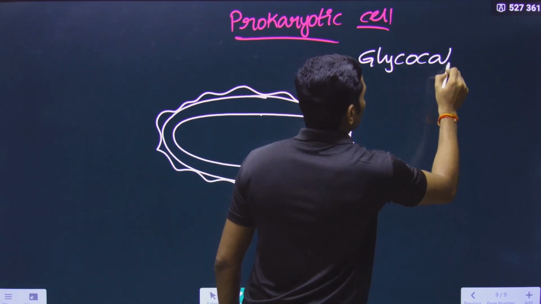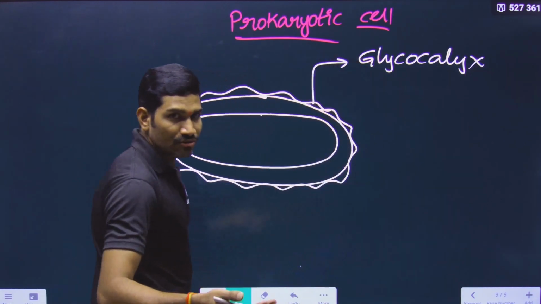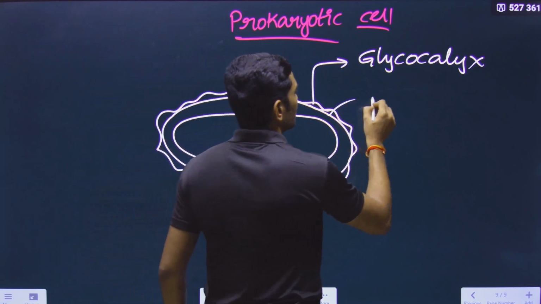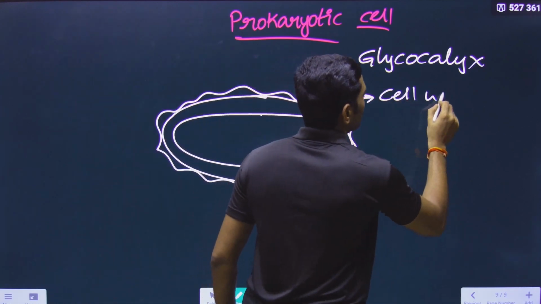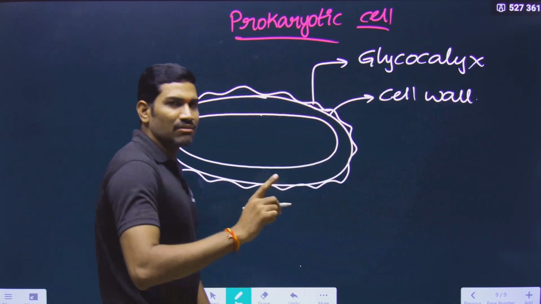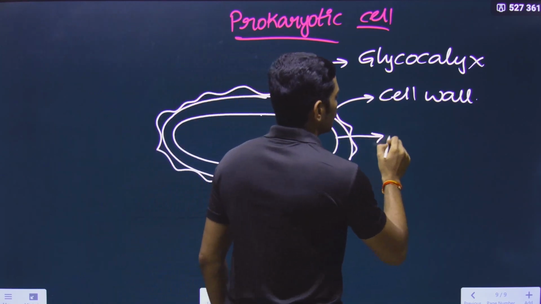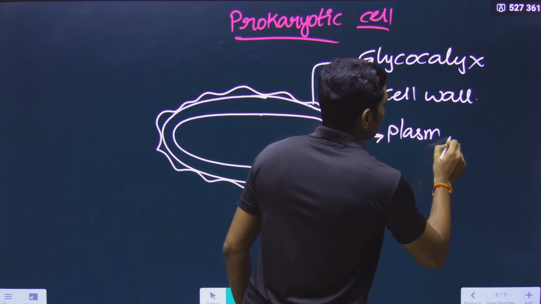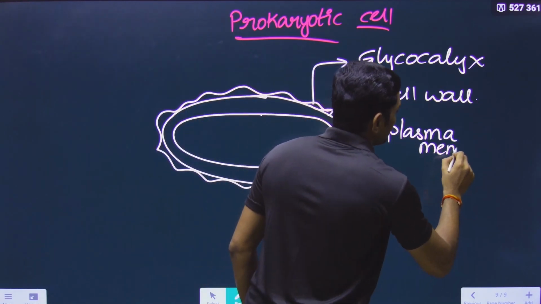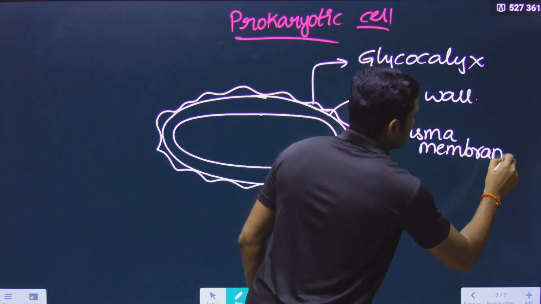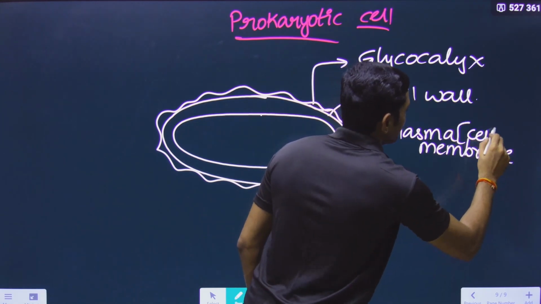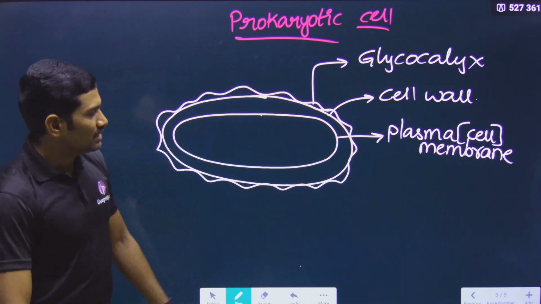In this way, what are the layers here? Outermost glycocalyx is followed by the next one. What is the next one? Followed by cell wall, and this cell wall is followed by another layer that is called as plasma membrane. Plasma membrane is also called as cell membrane.